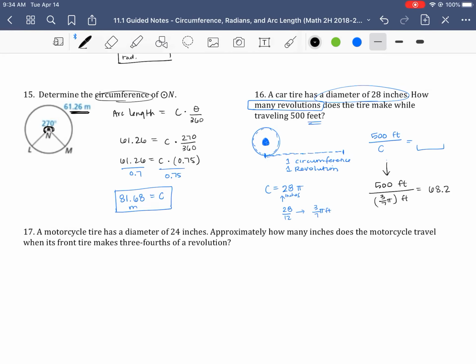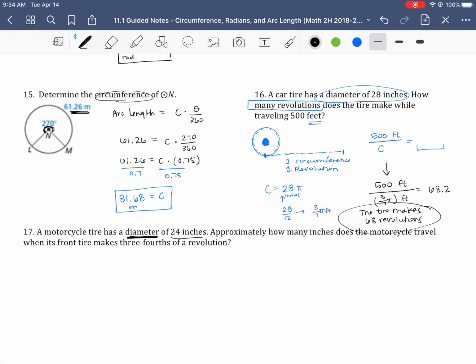So if you divide that, we get 68.2. So we know that the tire is going to make 68 revolutions. So one revolution, again, is one circumference.